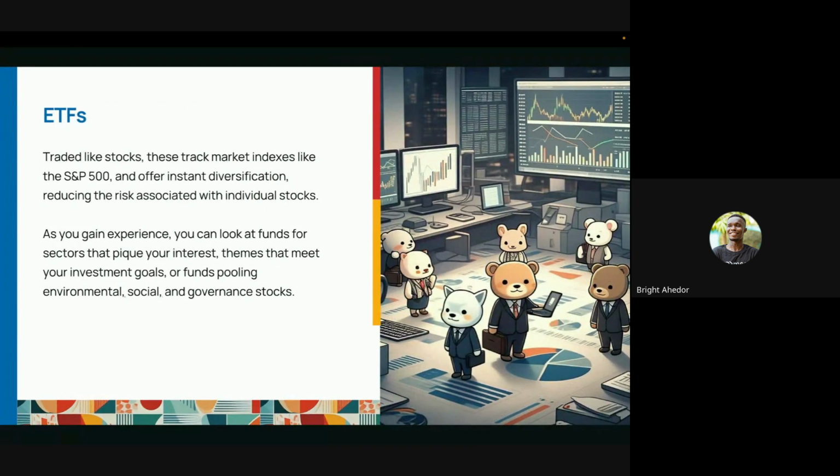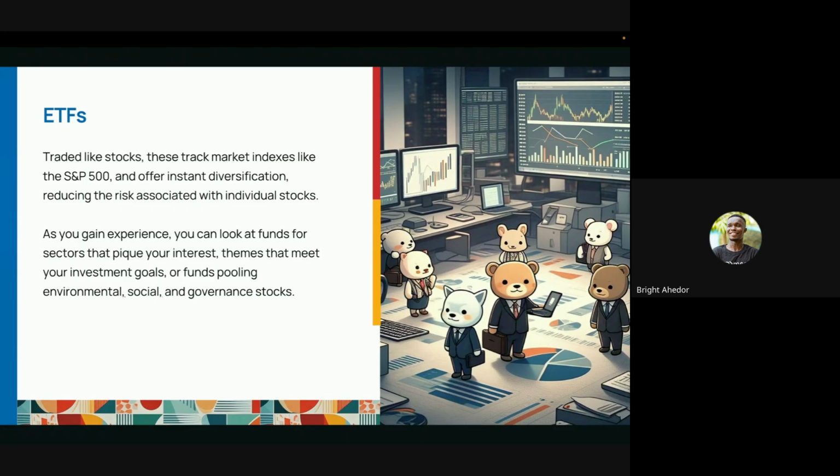Now, another one is called exchange traded funds, right? Now, they are not really stocks per se, but they are traded like stock. So for instance, in developed worlds, they put a number of companies together. For instance, the S&P 500. S&P 500 are the top performing US companies.